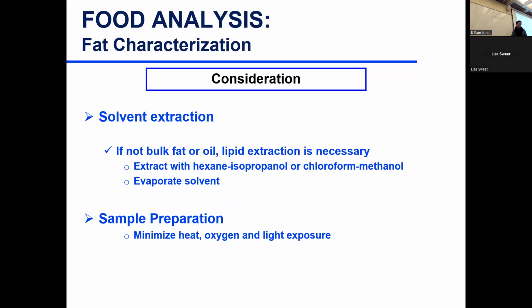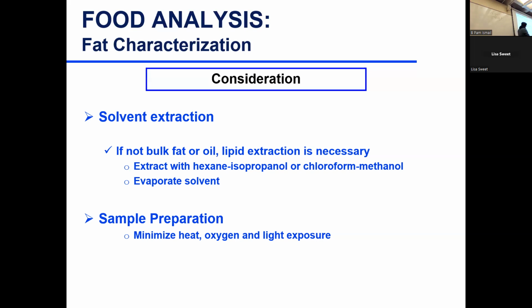Get rid of the solvent, get the oil, and then you can characterize that oil you have extracted. Some previous capstone students needed to look at oil peroxide value within their products to look at stability. So they would extract the oil and evaluate the current status of that oil within their product.